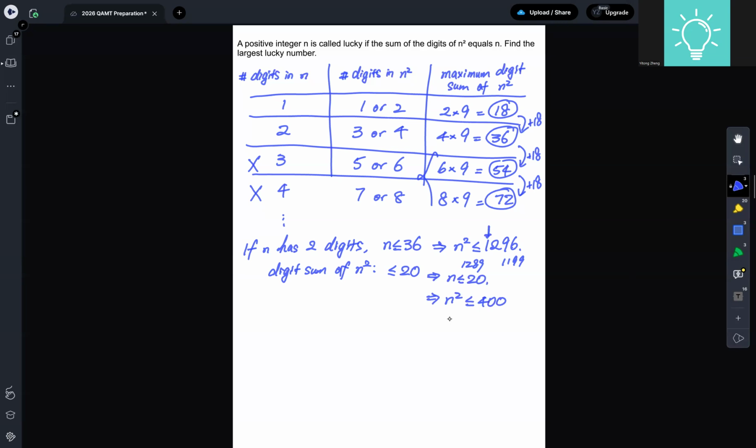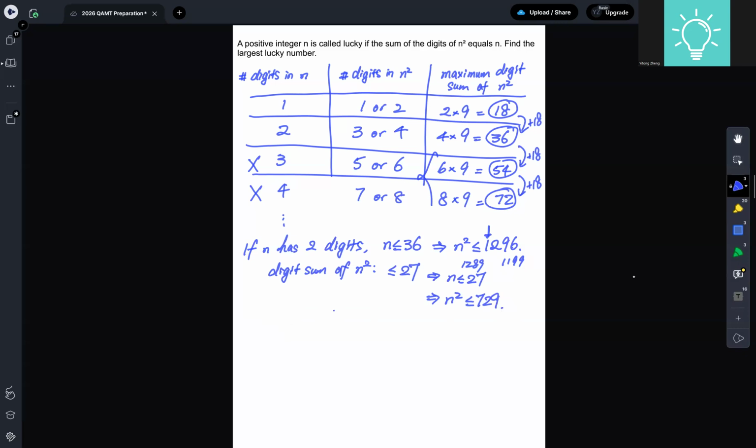For something less than 400, 399 is the biggest digit sum we can get, 3 plus 9 plus 9, which is 21. Maybe with 999 we can get to 27 or something like that. So n is less than or equal to 27. With 999 it still works somehow, but n squared is going to be still less than 729.